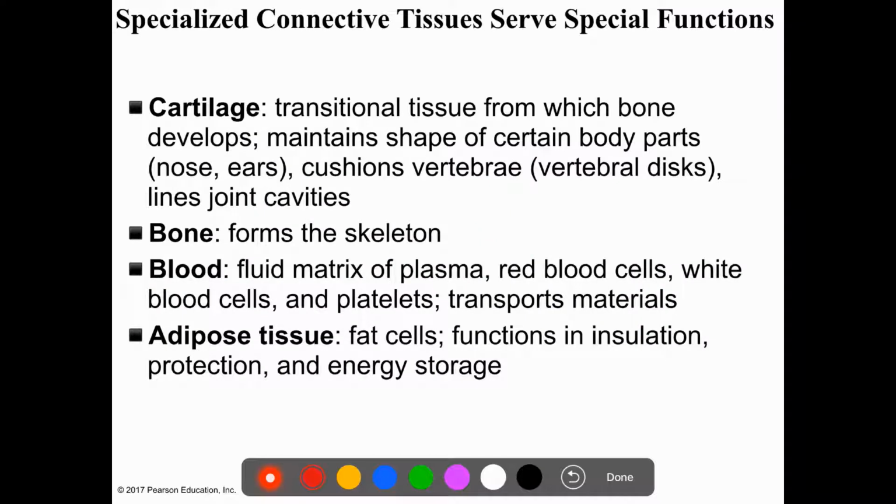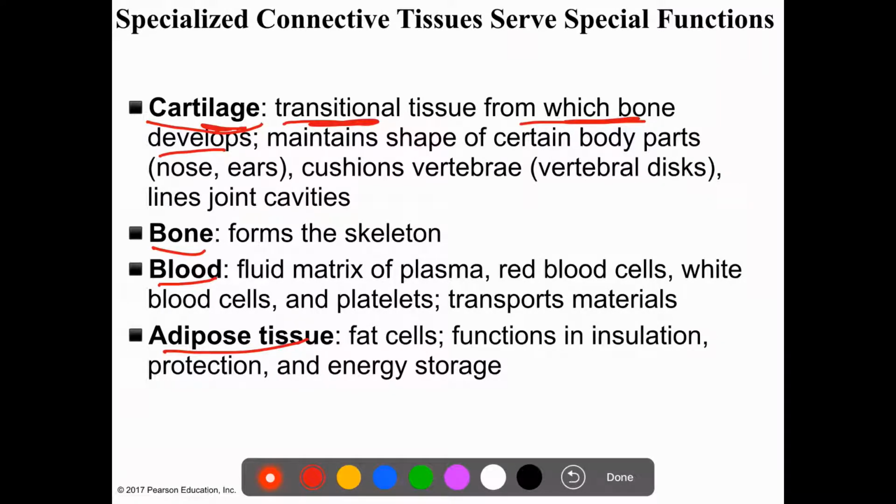The other type of connective tissue, which is the specialized connective tissue, includes the cartilage, bones, blood, and adipose tissue. And for the cartilage, now cartilage is somehow a transitional tissue, like a midway tissue, from which the bones develop.